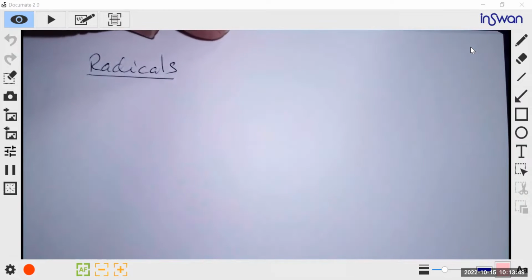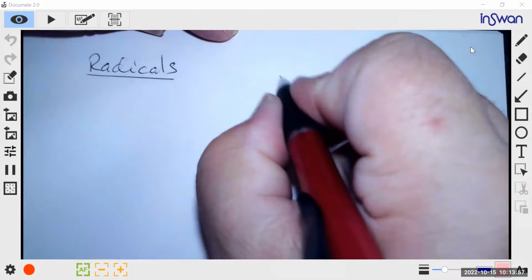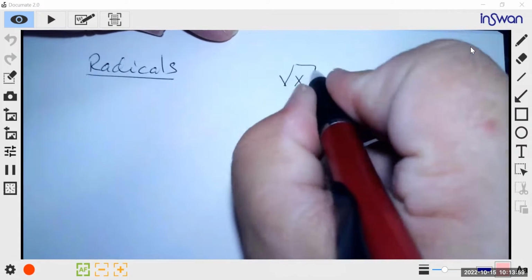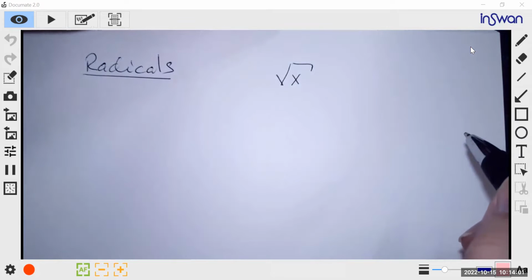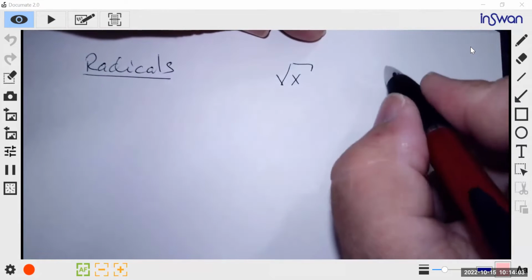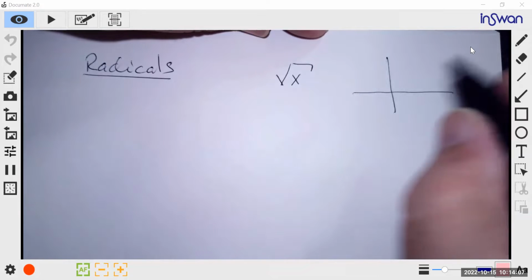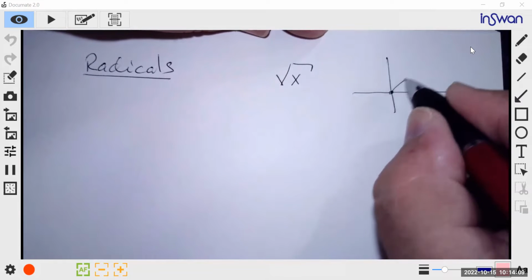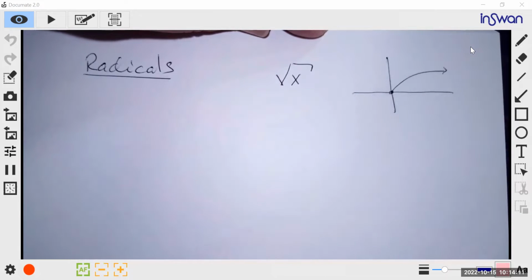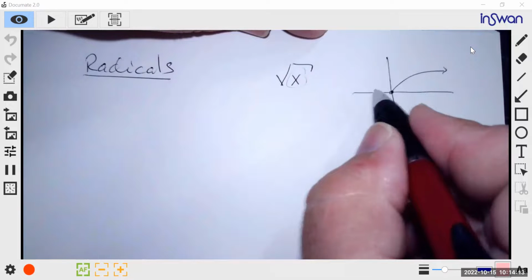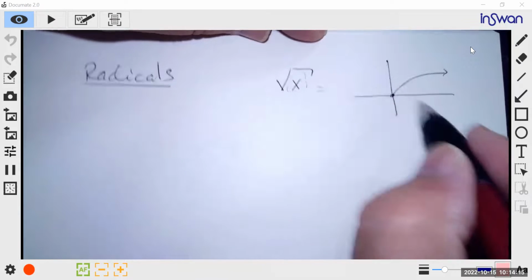Radicals. First off, remember what the graph of this one looked like when we talked about the library of functions? Inside there, you cannot have any negatives, and the answer cannot be negative.